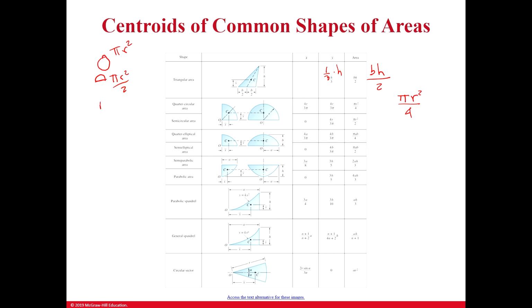If it's a quarter circle, it's pi r squared divided by 4.